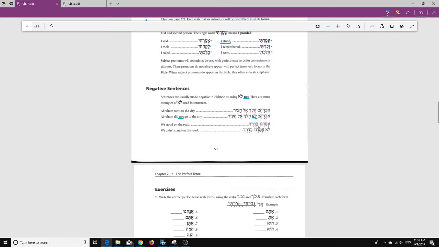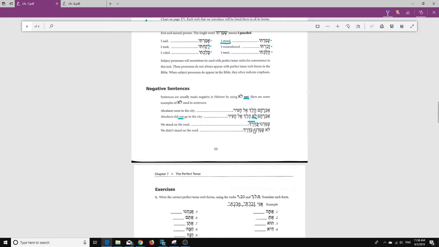Ba, the inseparable preposition, with a patach, and that patach and the dagesh lets you know that this is also definite. So this is "in the road." So we stood in the road. To negate that, you could just say, Lo amadnu baderekh. We did not stand in the road.